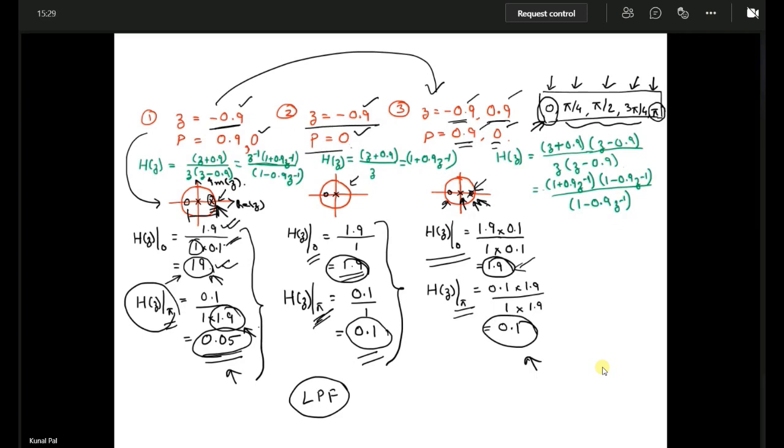Now, what does this say? If you remember correctly, in our last class, I told that placement of a 0 over a pole or a placement of a pole over a 0, in both the cases, the effect of the poles and the zeros are cancelled.